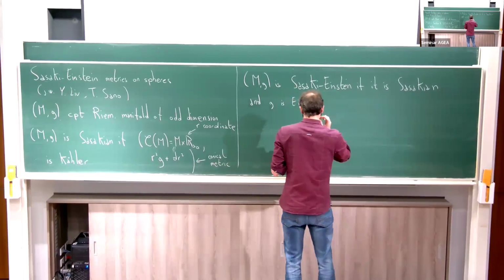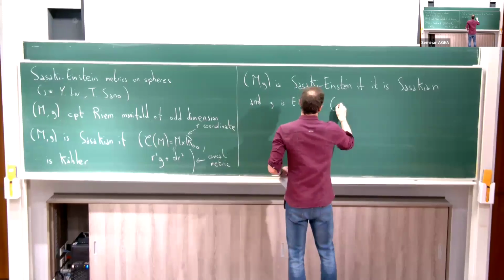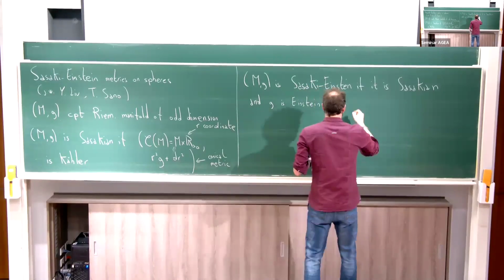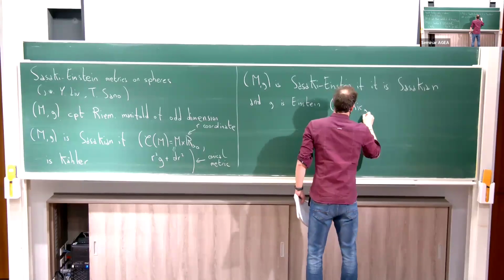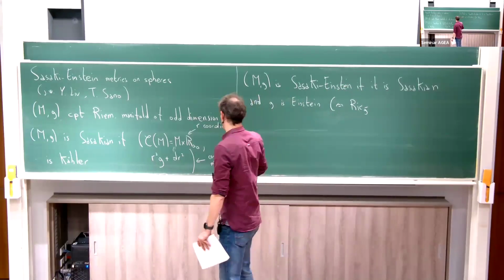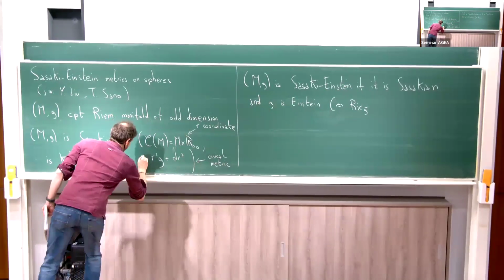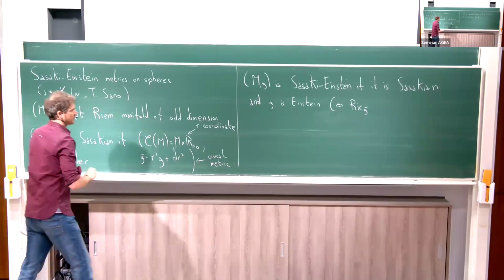So this is the same as saying actually, in this case, that the Ricci curvature of g bar, so let's call this metric g bar, is 0.